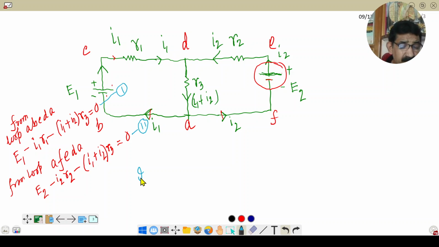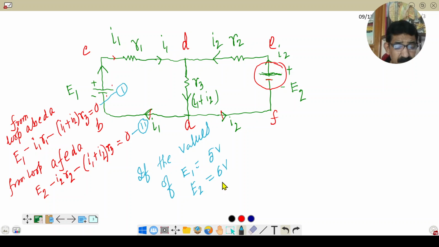Now if the values of E1 is equal to 5 volt, E2 is equal to 6 volt, and R1 is equal to R2 is equal to R3. These three resistances are equal to each other, 2 ohm each.